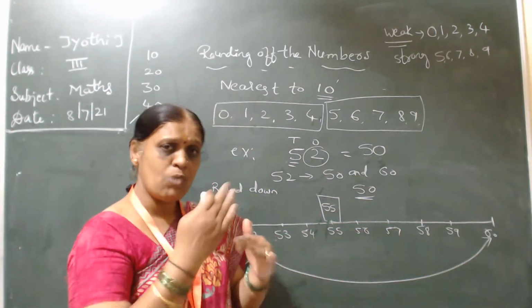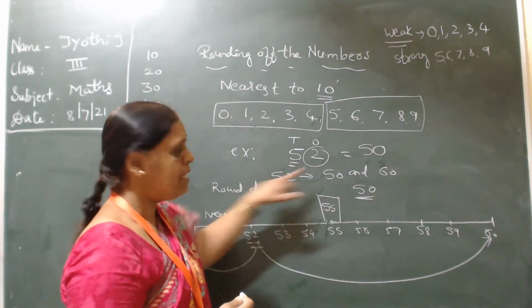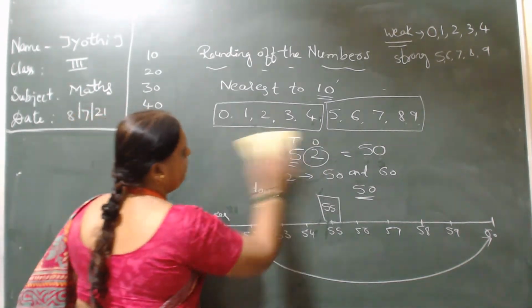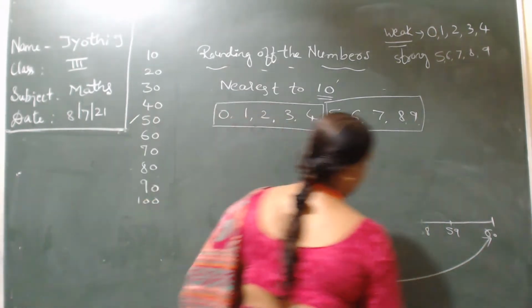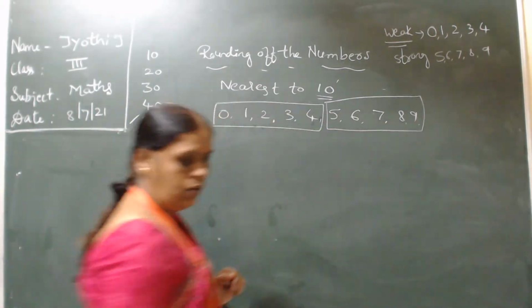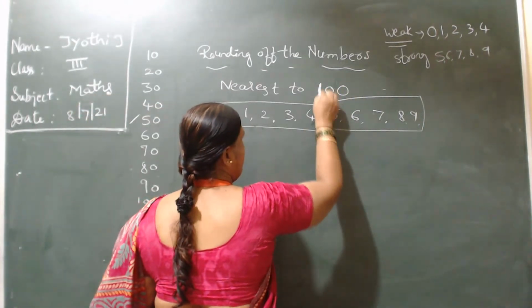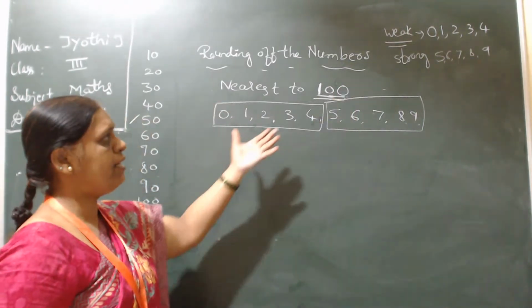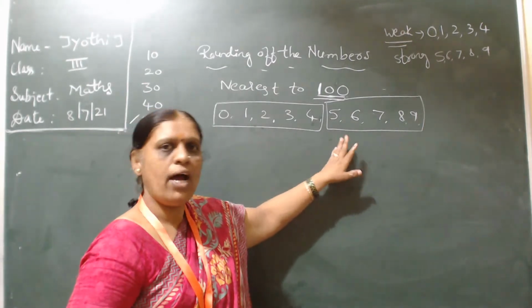If the number is smaller than 5, it will come back to the same tens. Now nearest to hundreds. Same procedure we followed in nearest to tens, follow in nearest to hundreds.